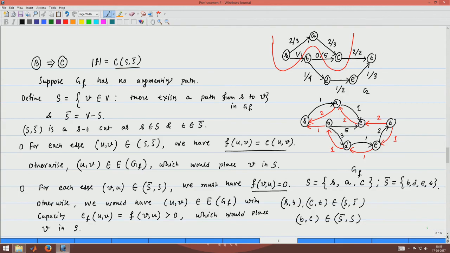So, if there is no augmenting path in a residual network, then you can always find a cut for which the capacity of the cut is equal to the flow value. That is what we proved just now for B implies C.